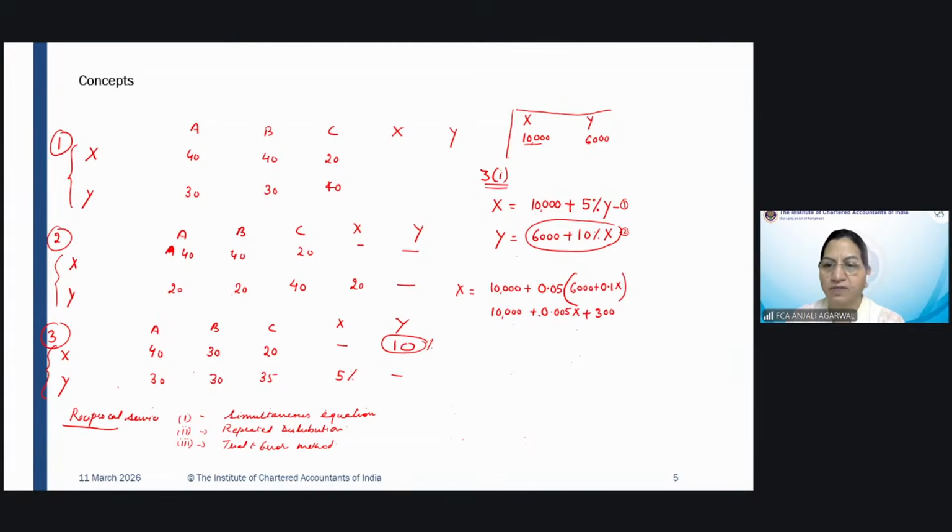I could have written 10,000 plus 300 plus 0.005X. So X is equal to 10,300 plus 0.005X. So when this goes here, 0.995X is equal to 10,300. Therefore, X is equal to 10,300 divided by 0.995.